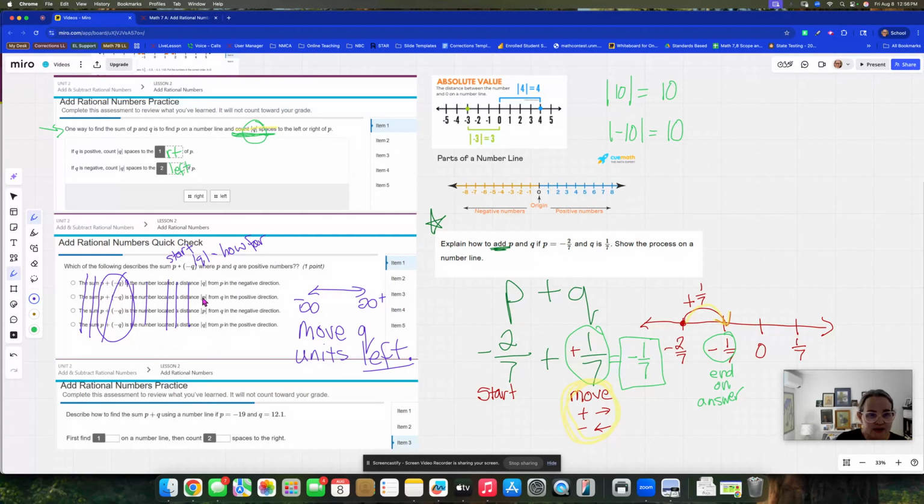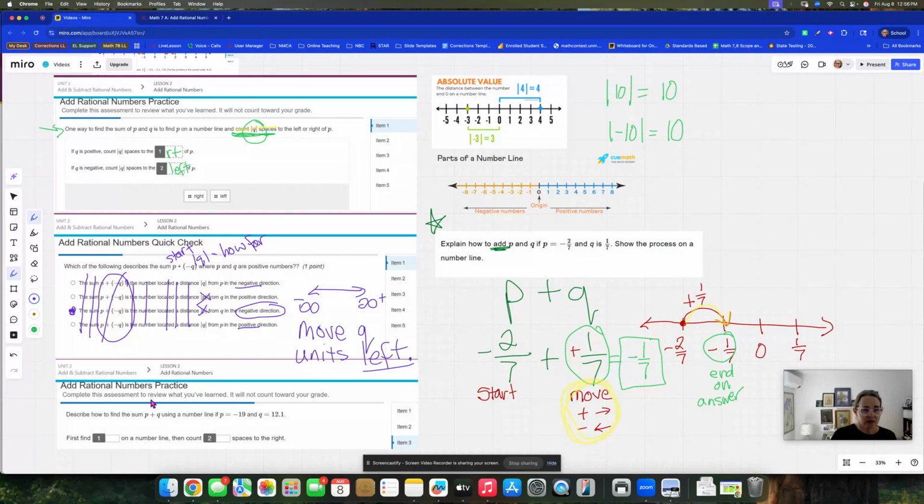So I don't want these choices that have P in them. And they are not having left or right. The difference here: am I going to move in the negative direction or the positive direction? I already decided when I did the problem for myself that I was going to move to the left. That's the negative direction. So I'm going to want to pick this one. All right.